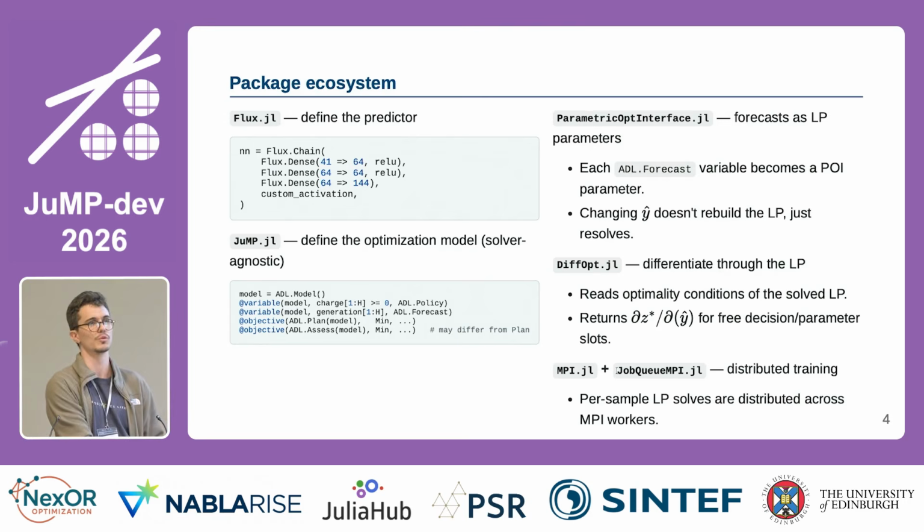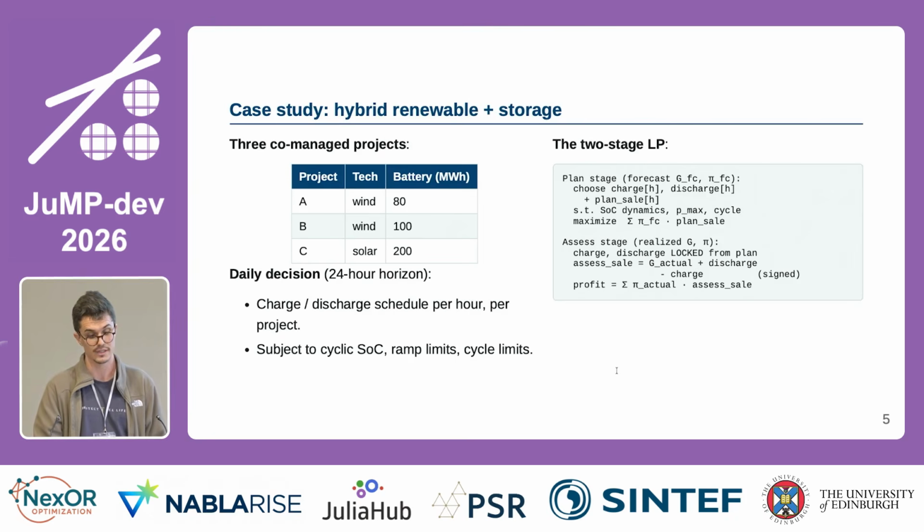I don't want to go too much into everything we do with application-driven learning, but of course I'm happy to answer any questions. For this experiment, we are doing battery operation, and I wanted to bring this experiment because I think it has a very interesting characteristic.